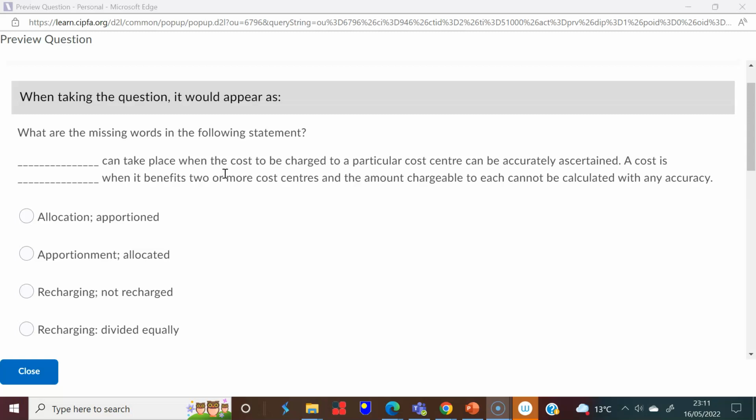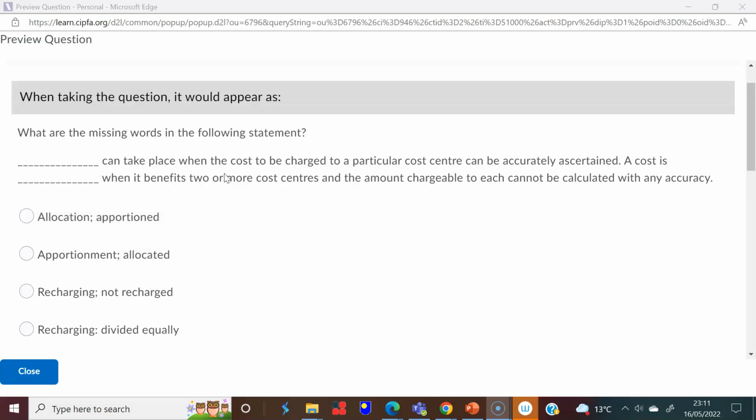All right, and what we have here is a scenario where costs can be directly associated. So this is still to do with absorption in the long run, but we're just trying to first of all map a cost to a cost center. When we can charge it directly, when we can almost accurately ascertain, like machinery cleaning costs directly to the machinery department and no other department, then we can allocate.